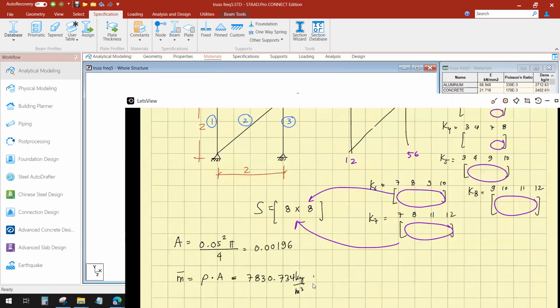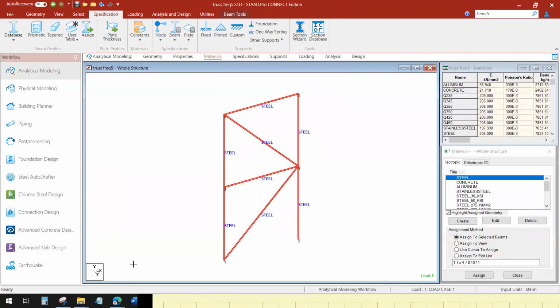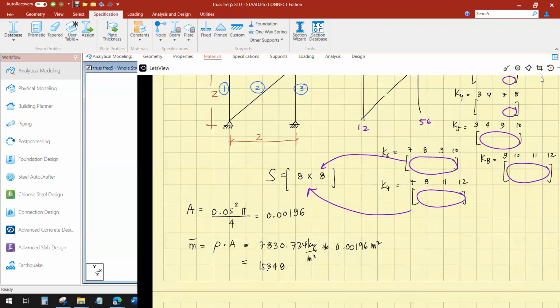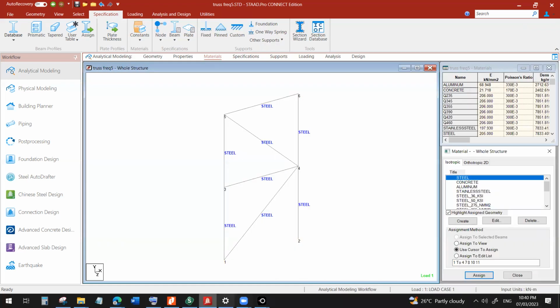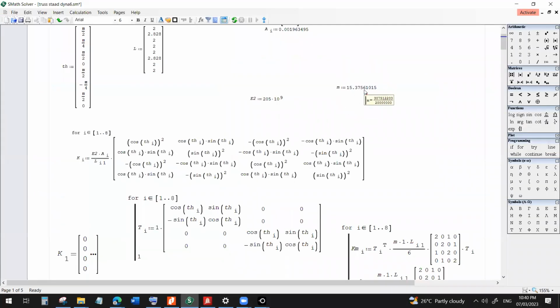So multiplied sa area, which is 0.00196 meters square, you will get 15.348, which is naman pretty much the same as 10.375.